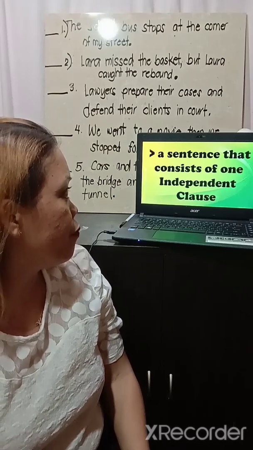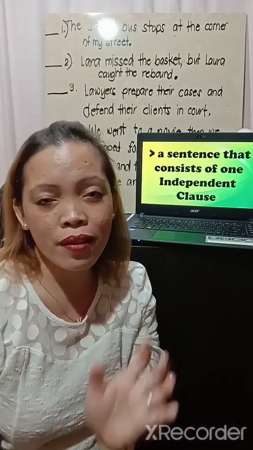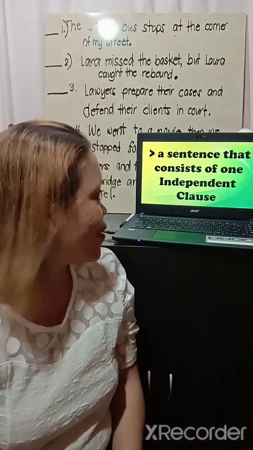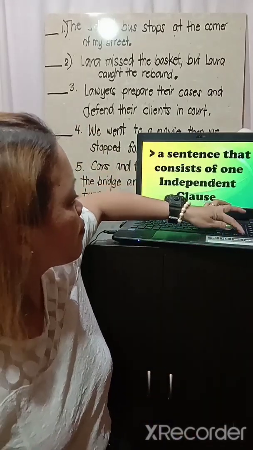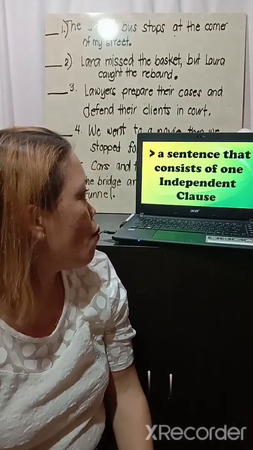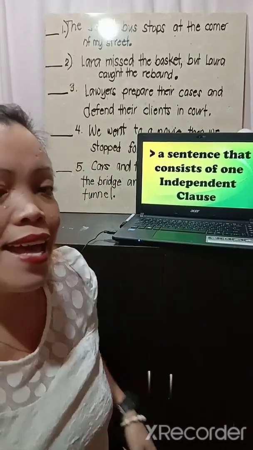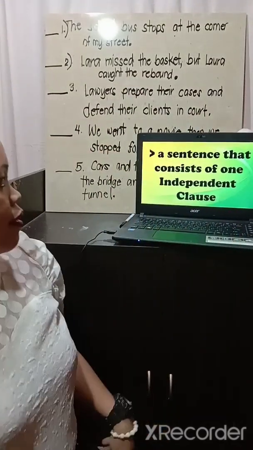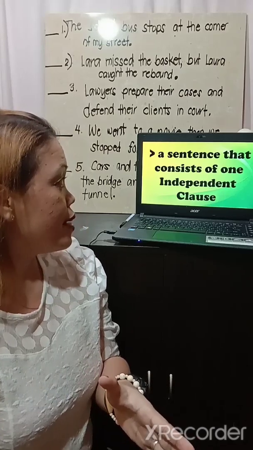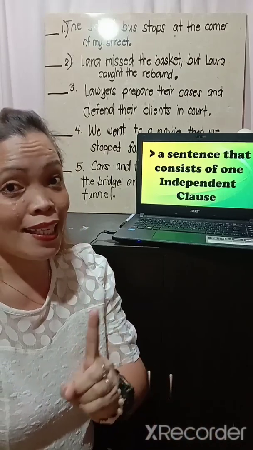So for now, let us tackle the simple sentence first. A simple sentence is a sentence that consists of one independent clause.